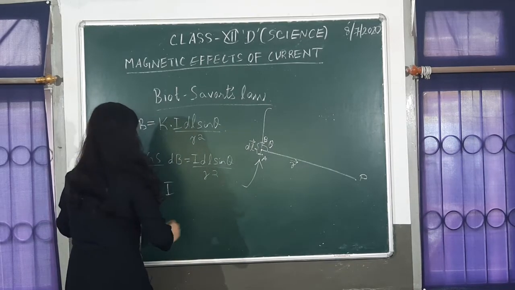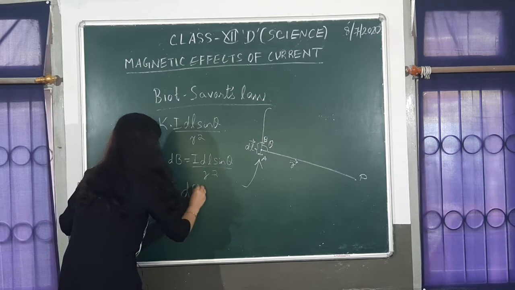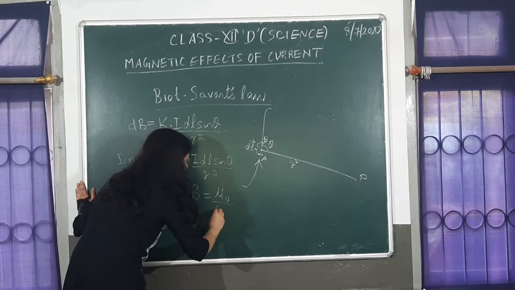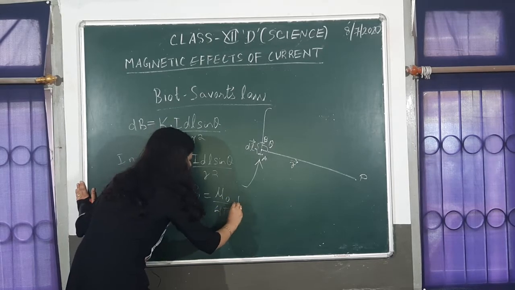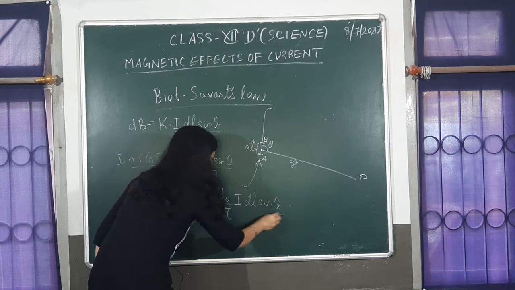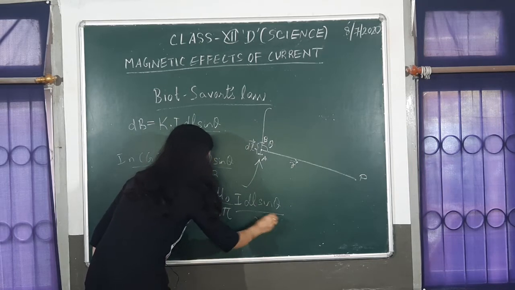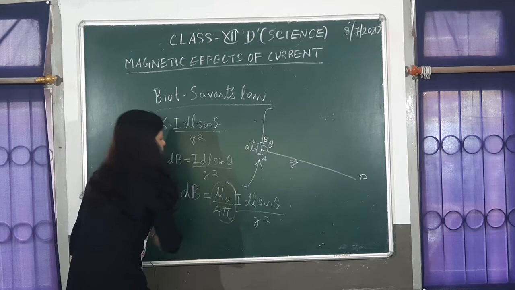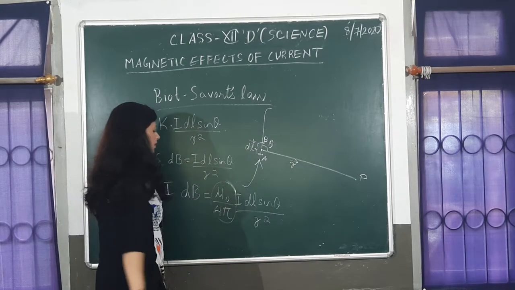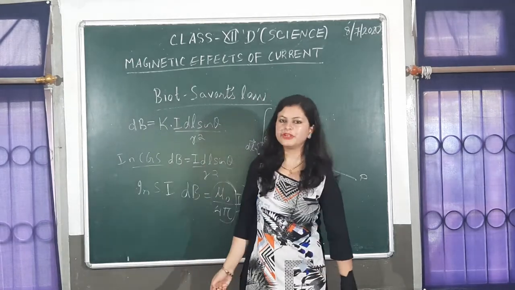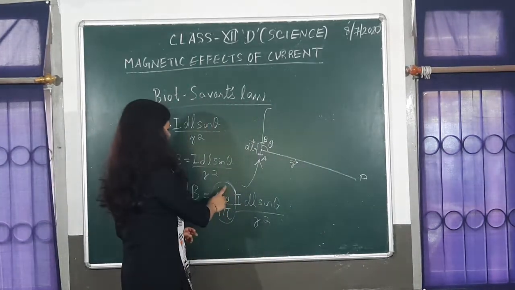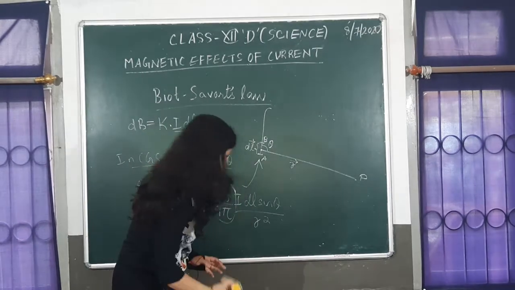And in the SI system, the value of k is mu naught by 4 pi, so dB is mu naught by 4 pi I dl sin theta divided by r square. So here is a new constant that you have come across, mu naught by 4 pi. Here mu naught is called the permeability of free space. Like we had epsilon naught in electrostatics, here we have mu naught. I hope it is clear so far.